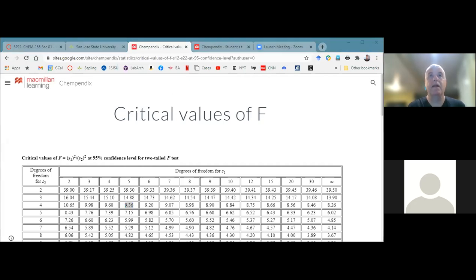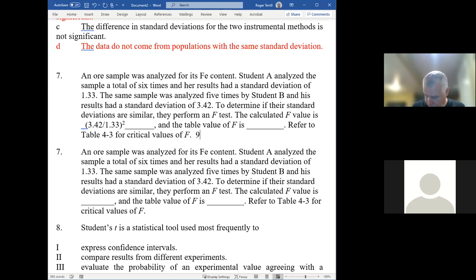So let's go back to this. F table is 9.36, and then this is F cal.